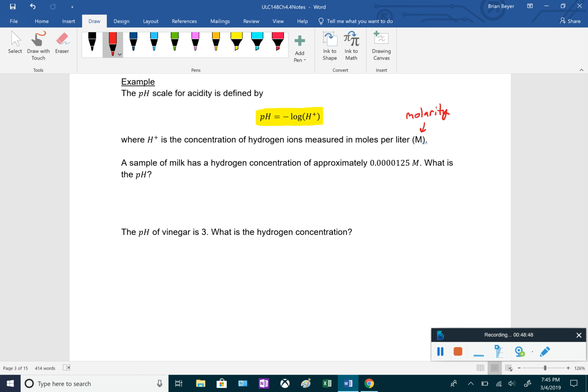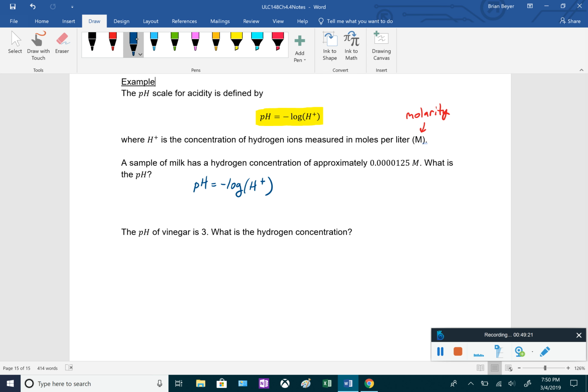Okay, so let's do two questions using that little equation. A sample of milk has a hydrogen concentration of approximately 0.0000125 molarity. What is the pH? So we're looking for the pH of milk given the hydrogen concentration. Using this formula, pH equals negative log of the concentration of hydrogen ions.